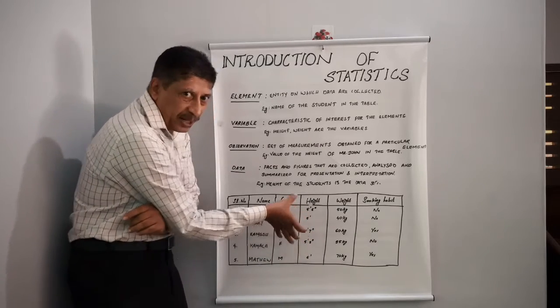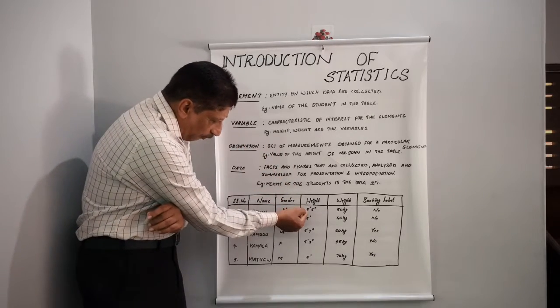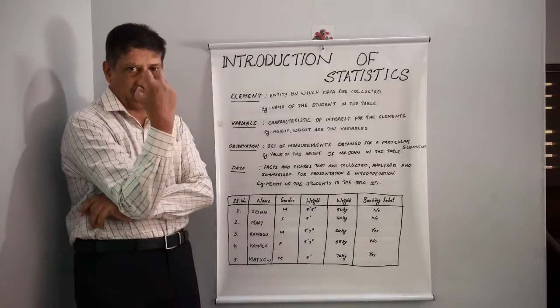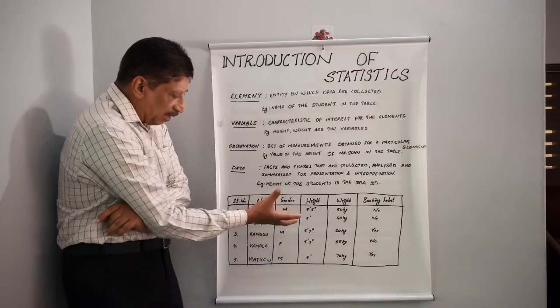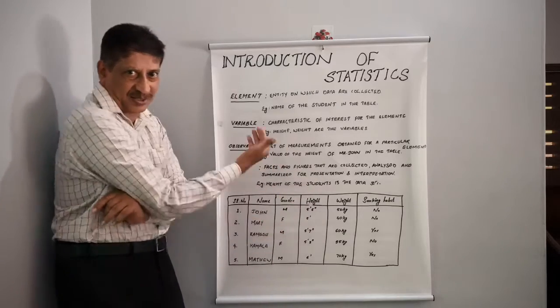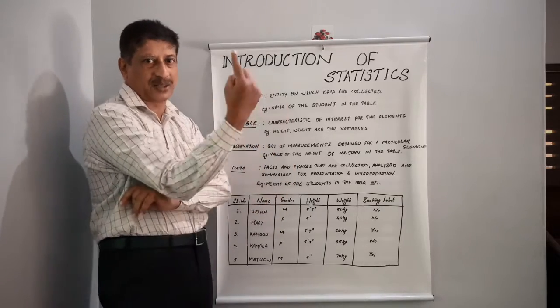This is known as the data set. We have 5 observations, and these 5 observations are our data. We are going to study this entire set of observations, and that set of observations is known as the data.